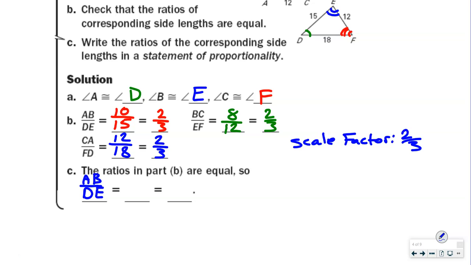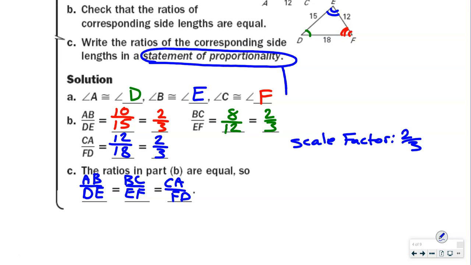And that ratio is equal to the ratio of BC over EF and equal to the ratio of CA over FD. So even though all of those side lengths are different measures, their ratios simplify to the same thing. That was our statement of proportionality.